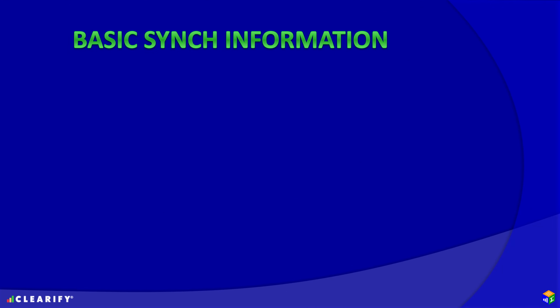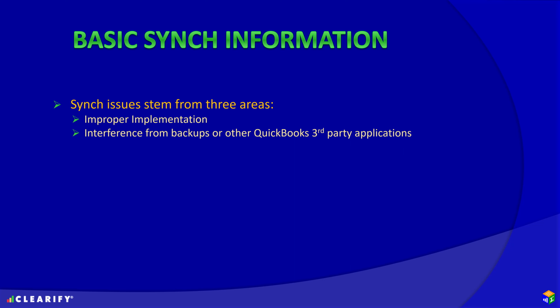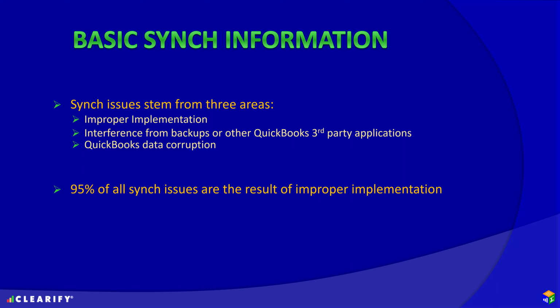Here is some basic information about the sync process and what you should expect. Sync issues stem from three areas: improper implementation, interference from a machine backup or other QuickBooks third-party application, and QuickBooks data corruption. This can happen regardless of size or even number of years of data. 95% of all sync issues are the result of improper implementation.